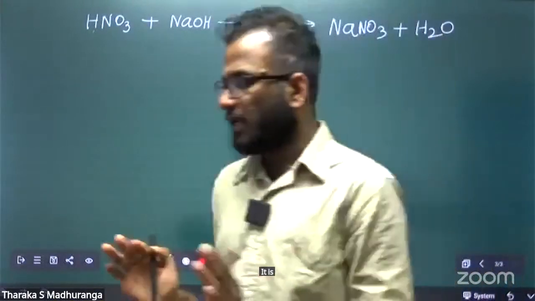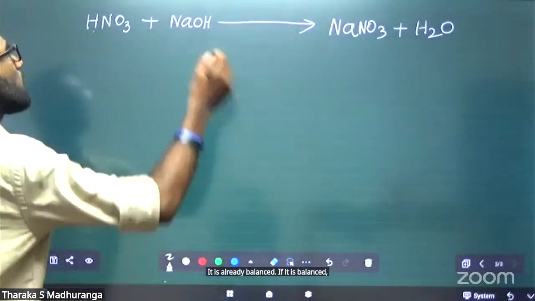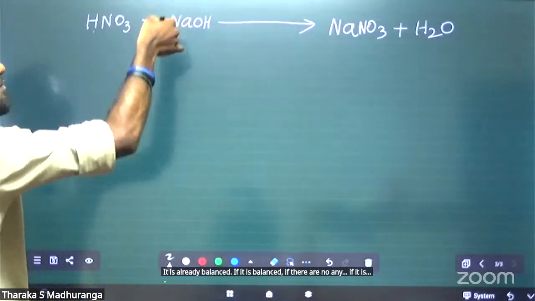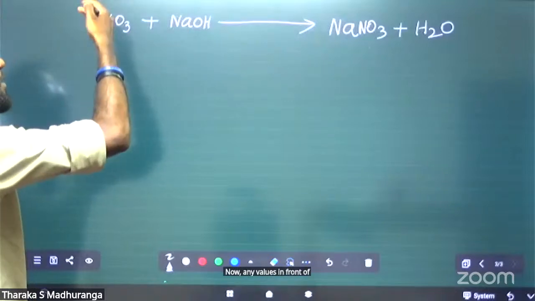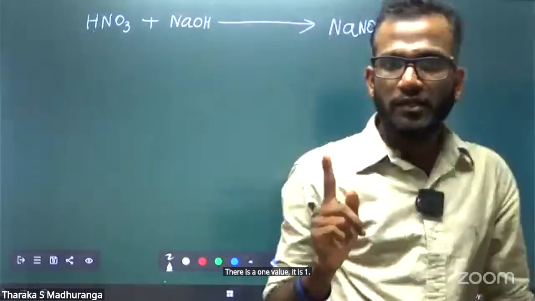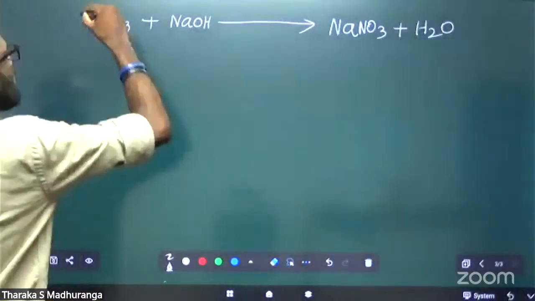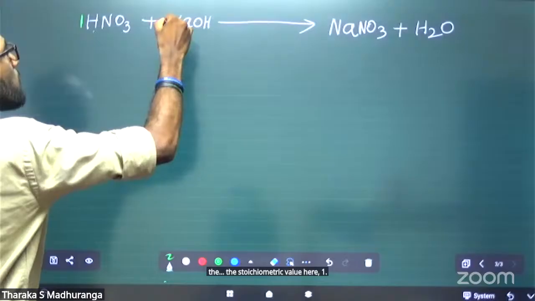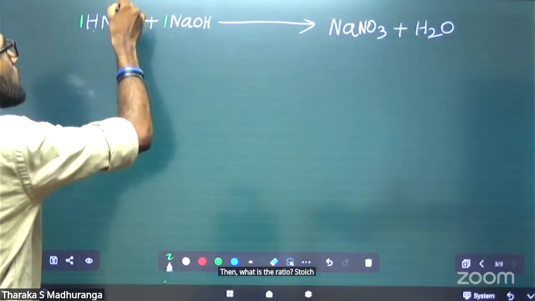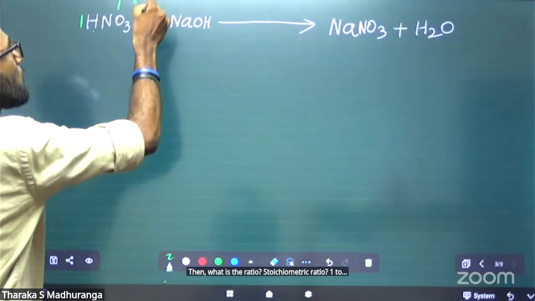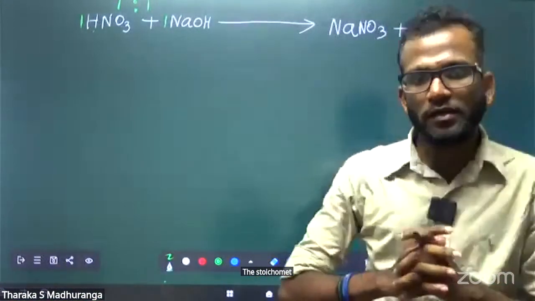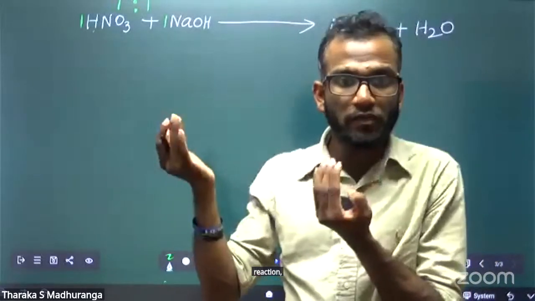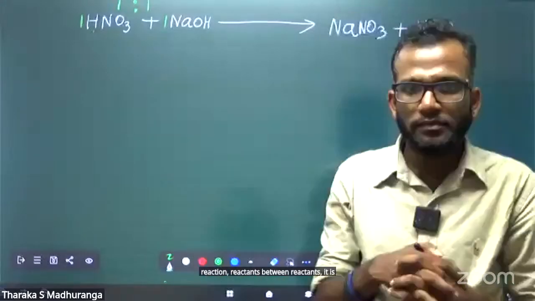If there are no values in front of the reactants, the value is 1. The stoichiometric value here is 1. Then what is the ratio? The stoichiometric ratio of the reactants is 1 to 1.